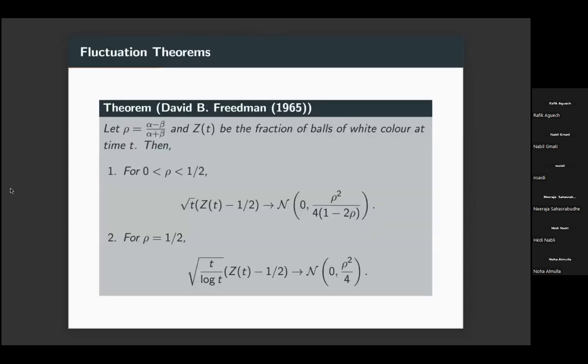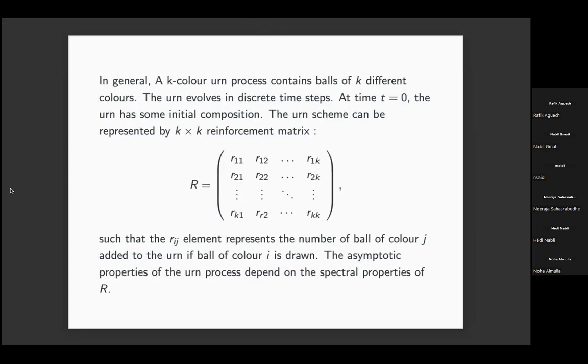So rho will just become (alpha minus beta) over (alpha plus beta), but the scaled matrix will have this as the smaller eigenvalue. This is something that is observed in urn processes, and I've said this here also, that the asymptotic properties of the urn depend on the spectral properties of this reinforcement matrix R.